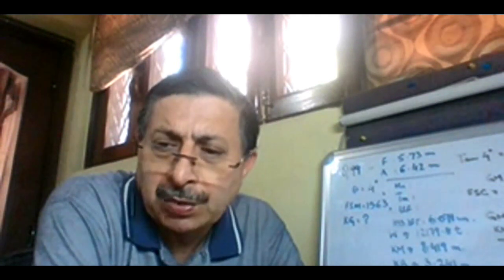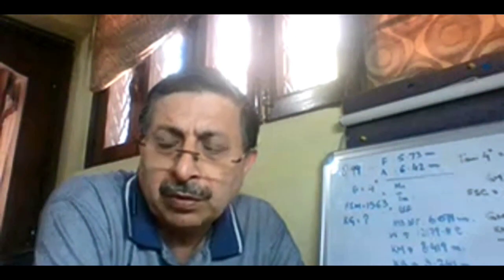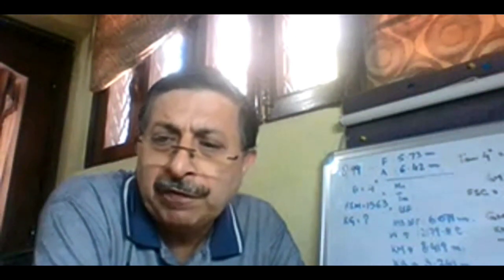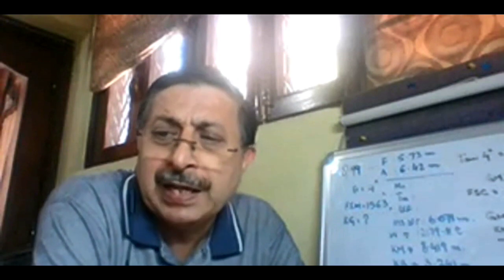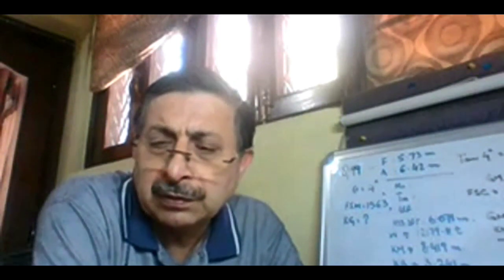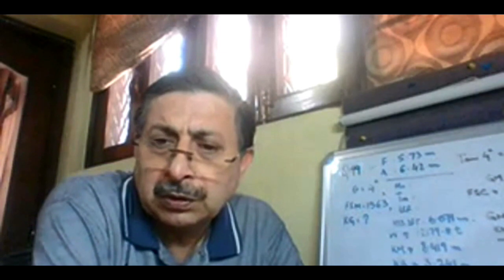I am dealing with the numerical, which comes as a numerical. So the only thing which I had left was the calculation of the area. How to calculate the area. I'll do it again.